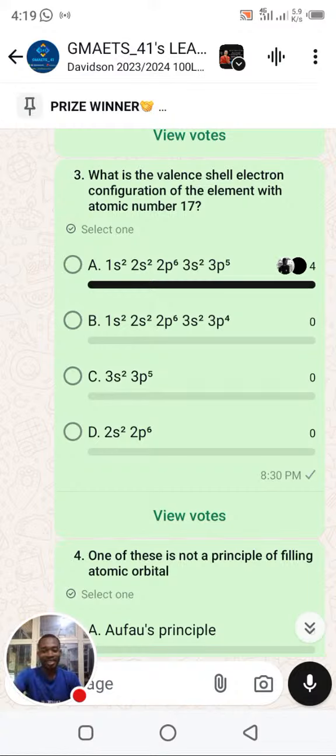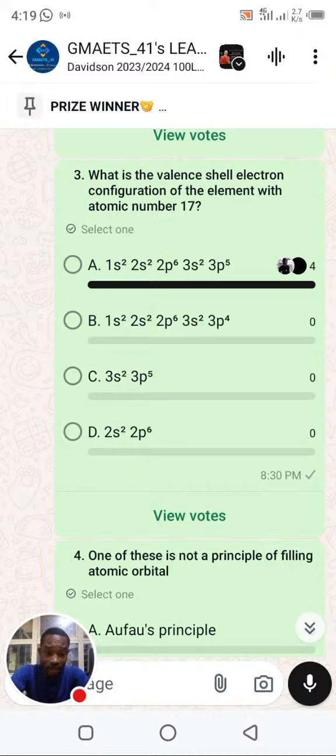I hope I'm communicating. So from the electronic configuration of atomic number 17, which of course goes with chlorine, all you have to do is to check for the highest principal quantum number. For the option A that the majority went for, the highest principal quantum number is 3. So you have 3s2 and 3p5.